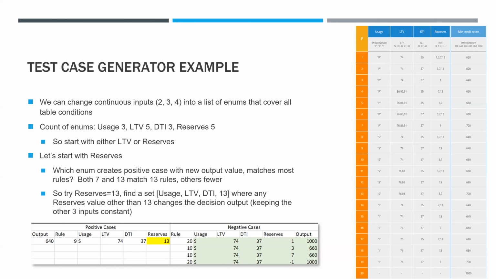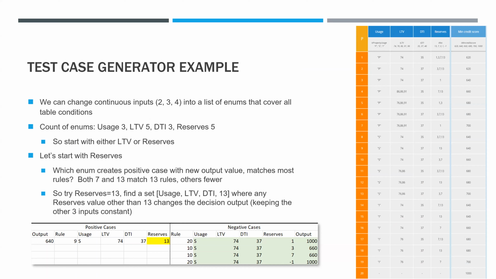So to make this easier to follow, I've converted that decision table to an equivalent one using enumerated instead of continuous input values. To pick the first input to try, we select the one with the greatest number of allowed values. And that's either LTV or reserves with 5.